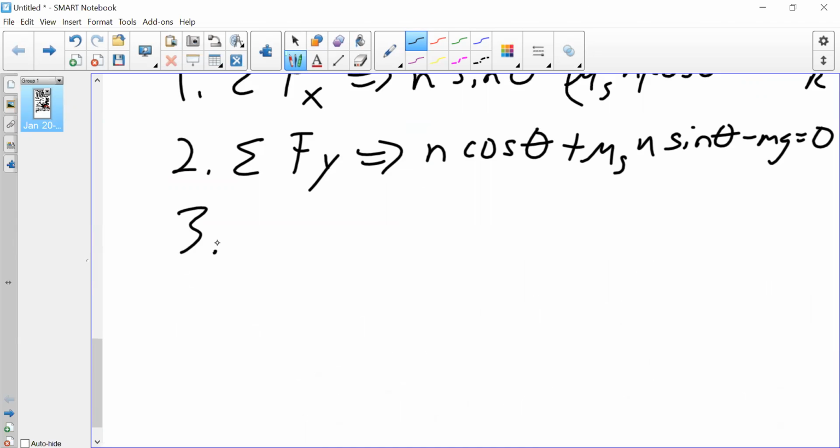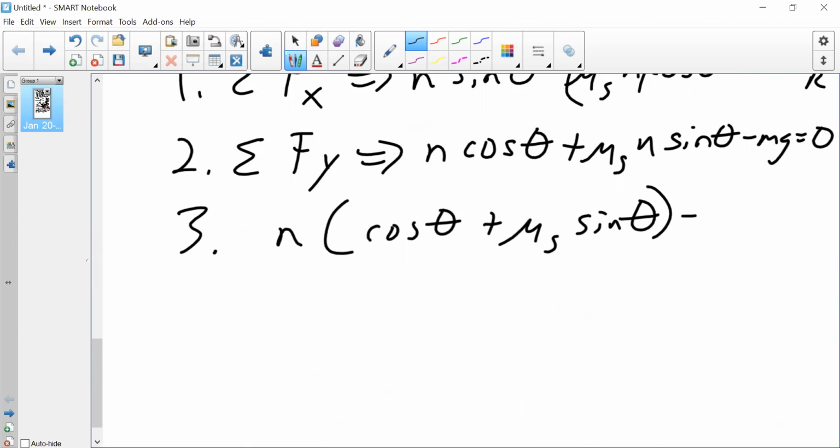And then we take the last equation, y, and factor out the normal force. And of course, equals 0, and step 4.